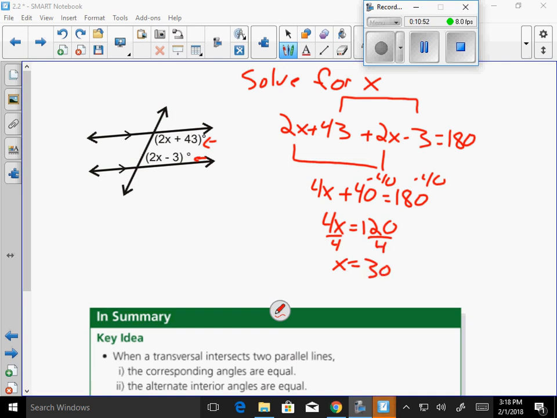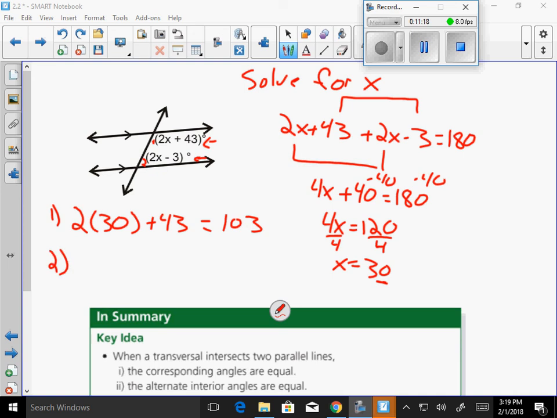Alright, so now I know what x is. I can solve for these two angles. The first one, I'll label this one number 1, this one number 2. Number 1, I'm going to take this x value and plug it into the equation. So it's going to be 2 times 30 plus 43. And that's going to equal 60 plus 3, so that's 103.